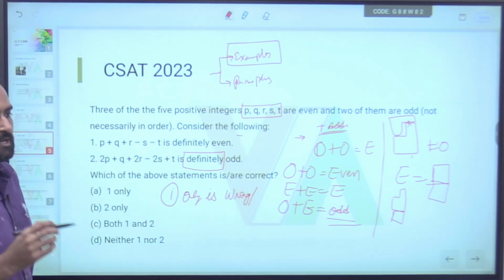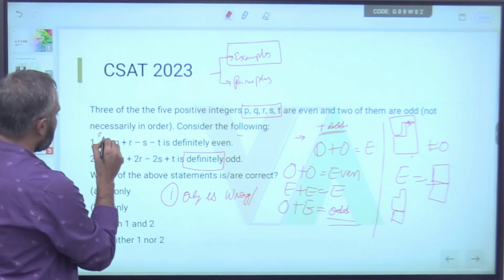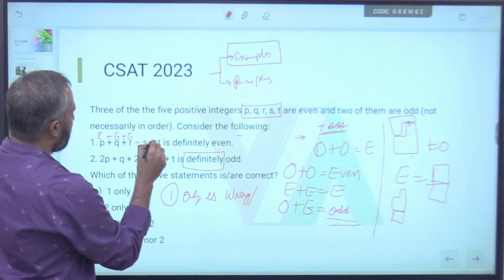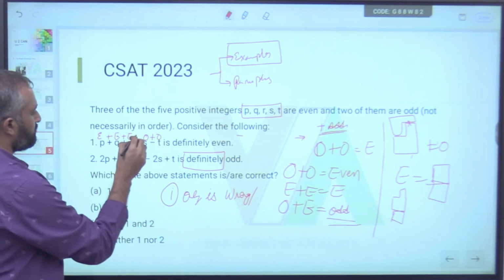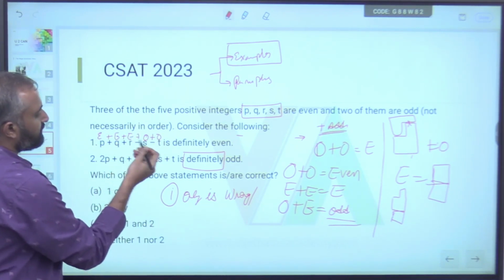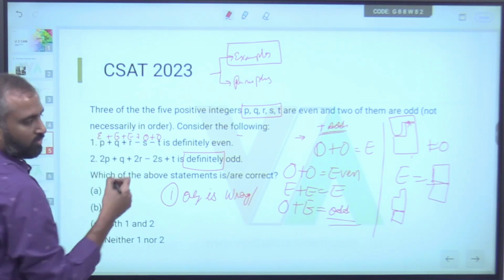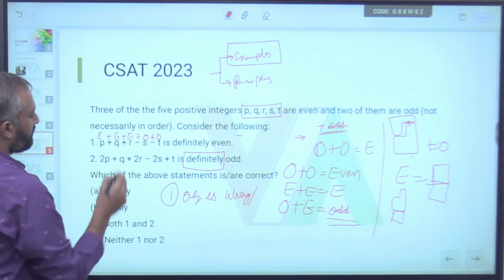Take any numbers P, Q, R. If this is even, this is even, and this is even, and S and T are odd. Okay. Although it is subtraction, when seeing these properties, the results for subtraction and addition are the same.